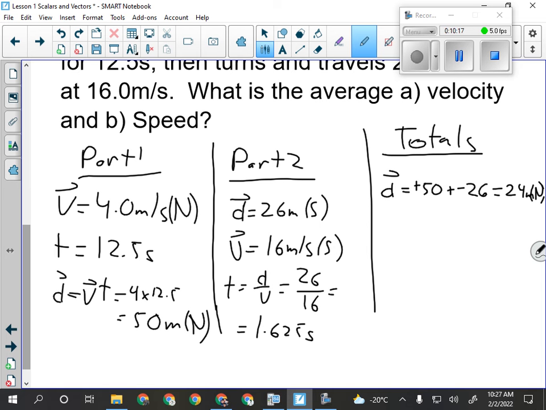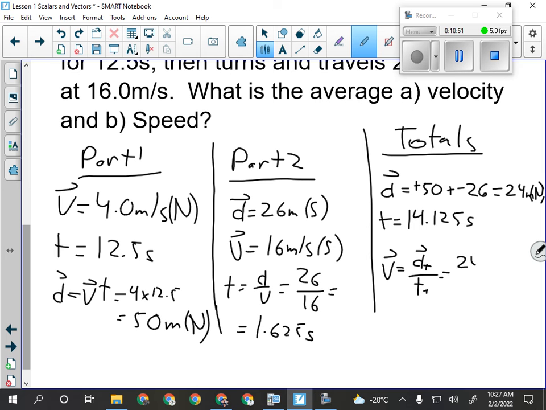Okay. And my total time is going to be 12 and a half plus 1.625, which is what, 14.125 seconds. Can I calculate my average velocity? Okay. Average velocity is total displacement over total time.